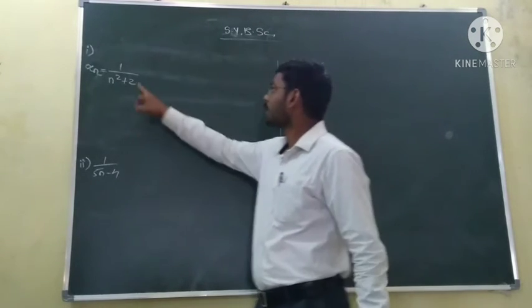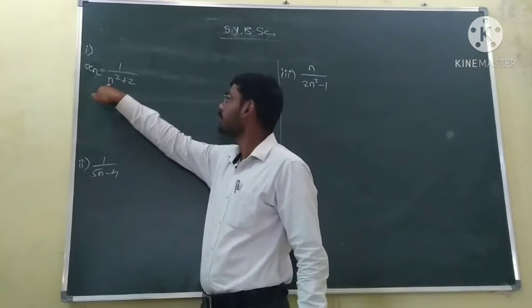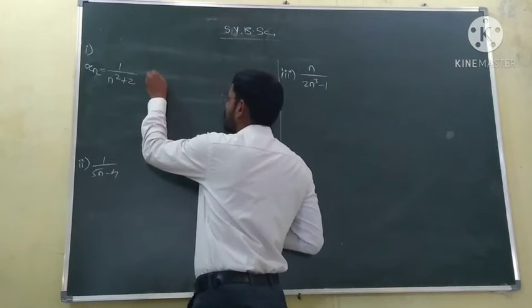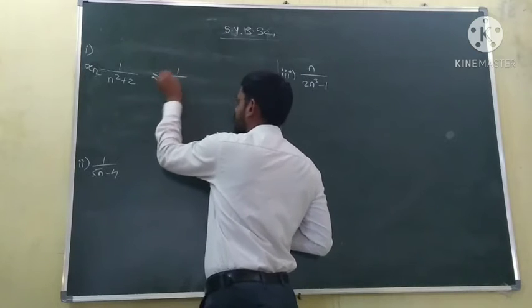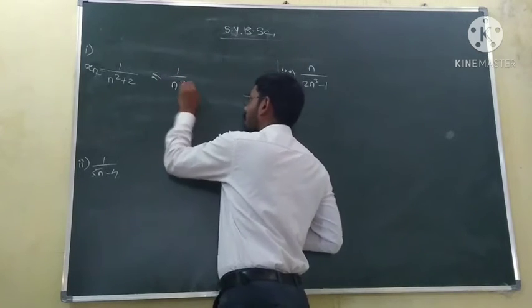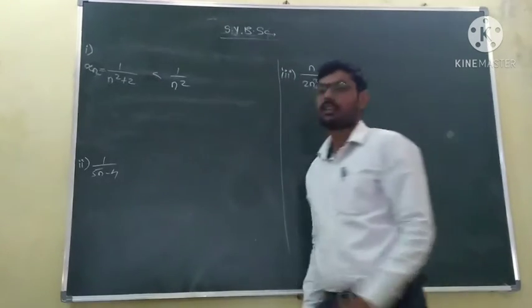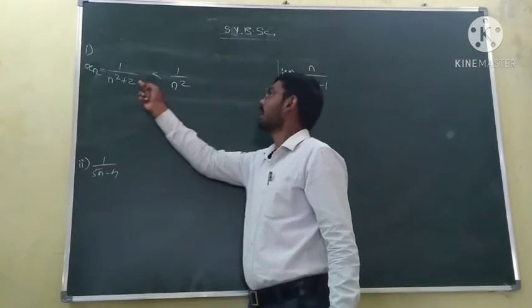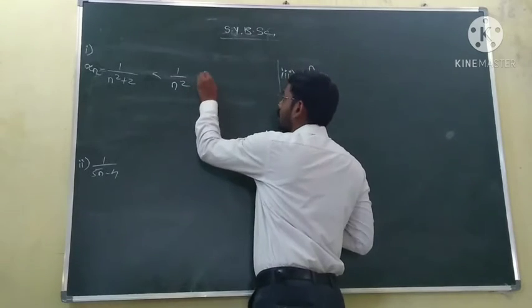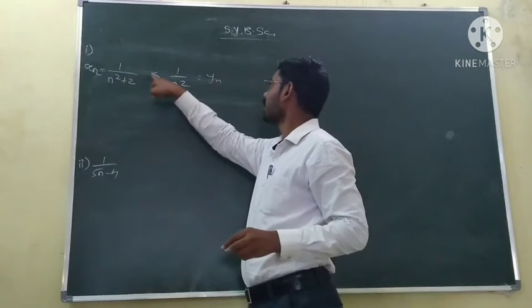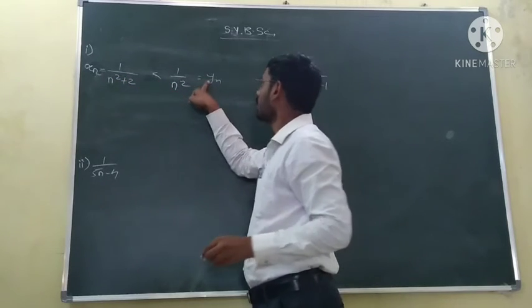Now see here, 1 upon n squared plus 2. We know that 1 upon n squared plus 2 is always strictly less than 1 upon n squared. So this is xn and this is our yn, and here xn is always less than yn.